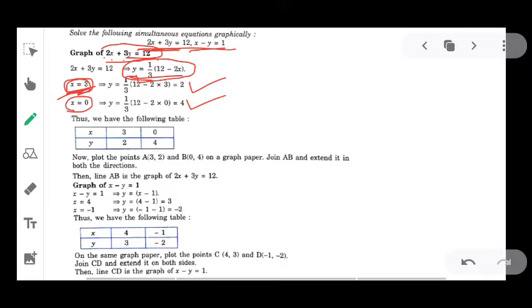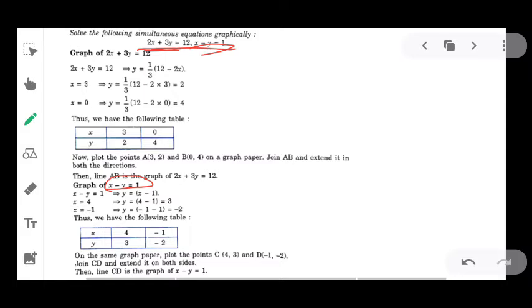So now make the table. Write x, y, and when the value of x is 3, y becomes 2, and when x is 0, y becomes 4. Clear? Now we'll put these points 3 comma 2 and 0 comma 4 on the graph. Then we have another equation, that is x minus y equal to 1.